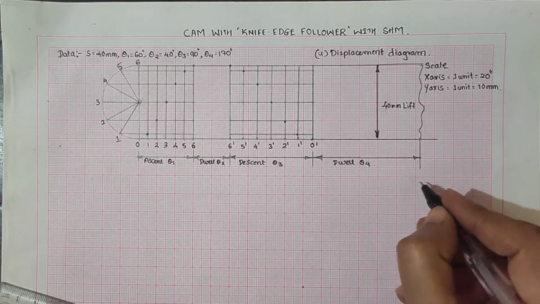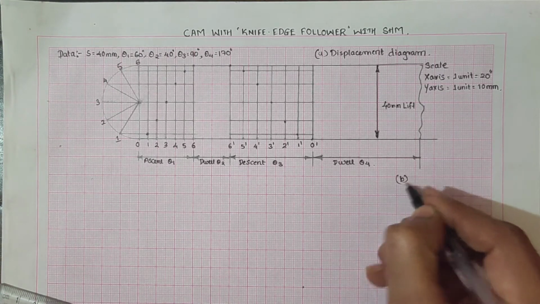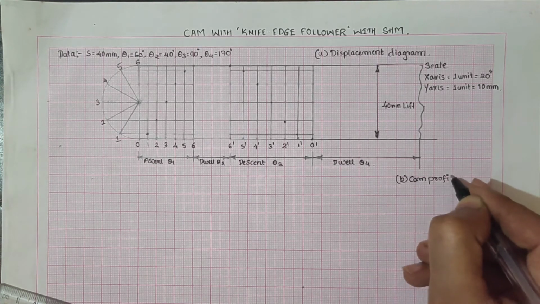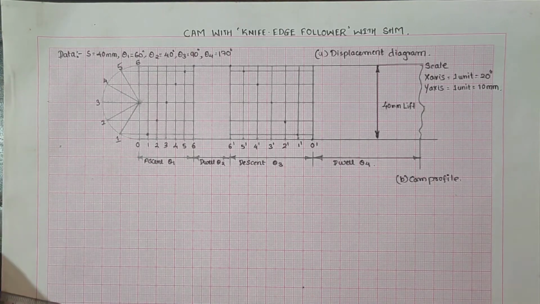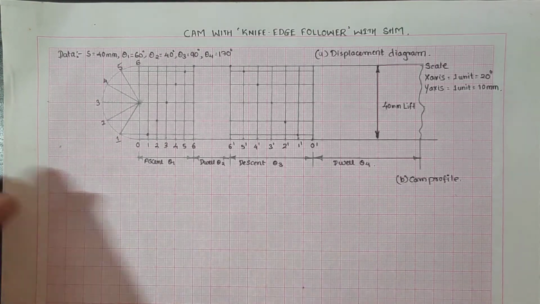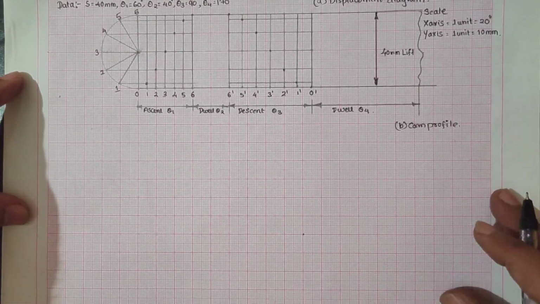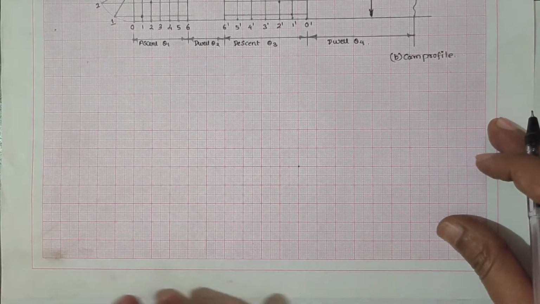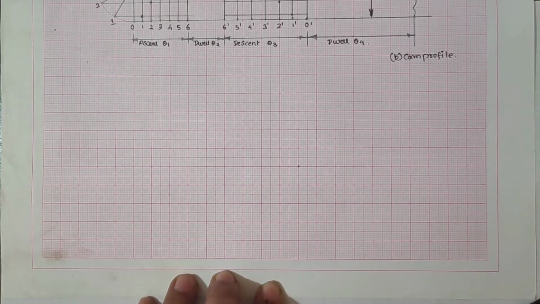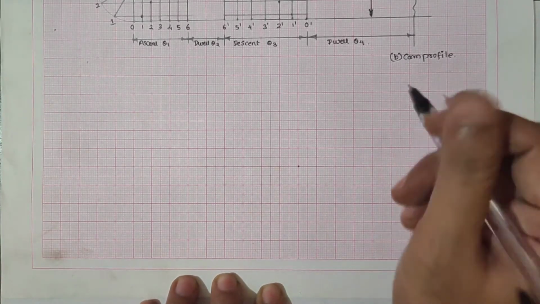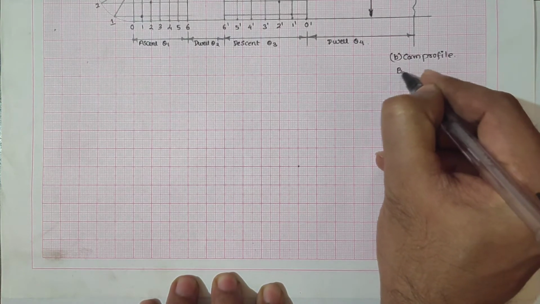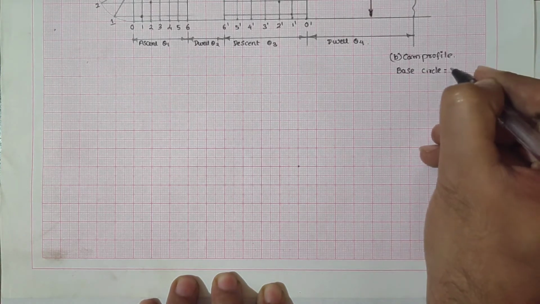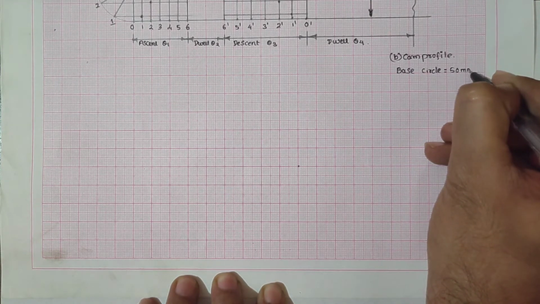So we'll write here B cam. I'll be using the space for drawing the cam profile. For drawing the cam profile, I require the base circle given as data equal to 50 mm.